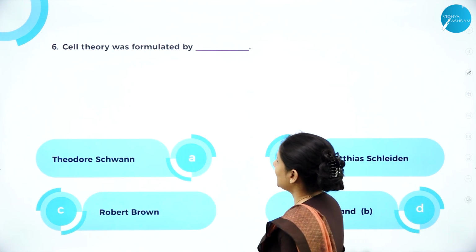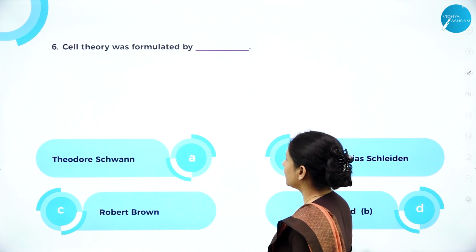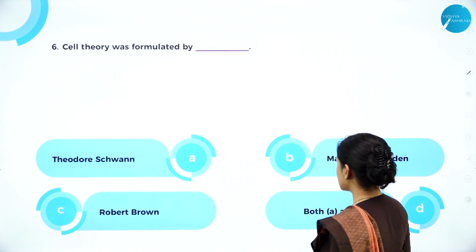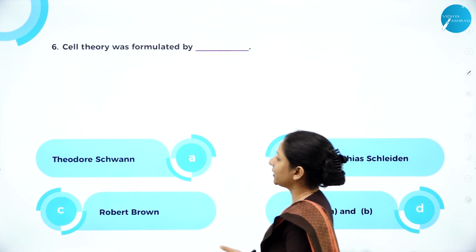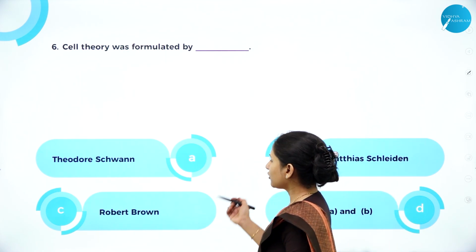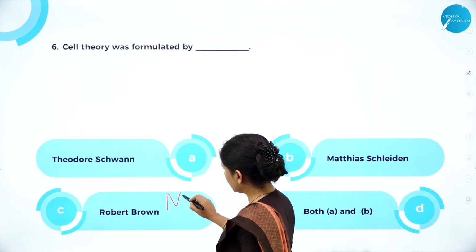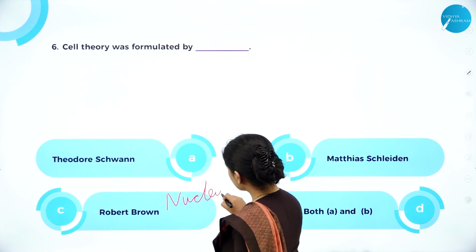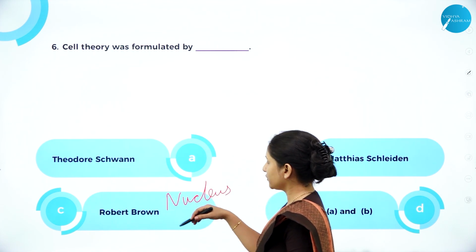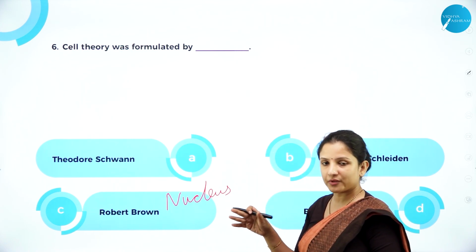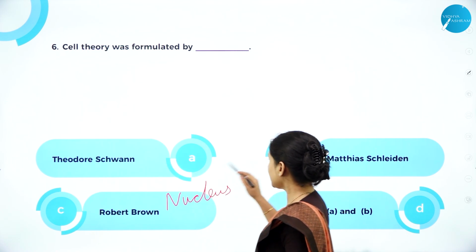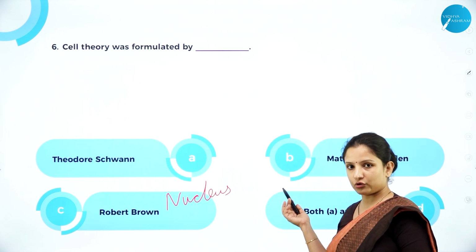Next question. Cell theory was formulated by Theodor Schwann, Matthias Schleiden, Robert Brown, both A and B. The option is both A and B because Robert Brown actually discovered the nucleus. He didn't give a hypothesis or contribute to the formation of the cell theory, but cell theory was formulated by Theodor Schwann as well as Matthias Schleiden, both of them.